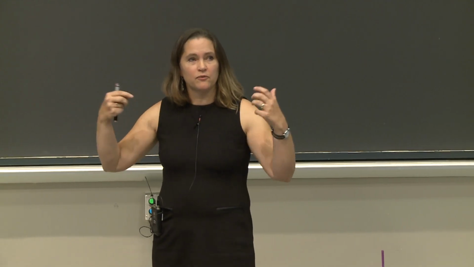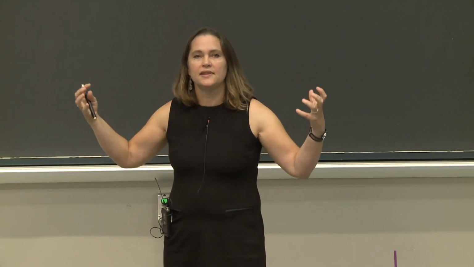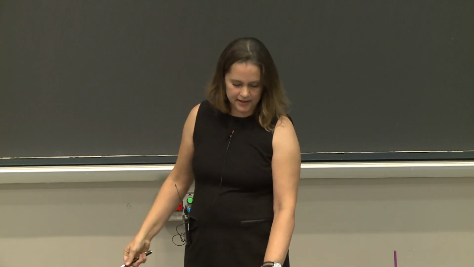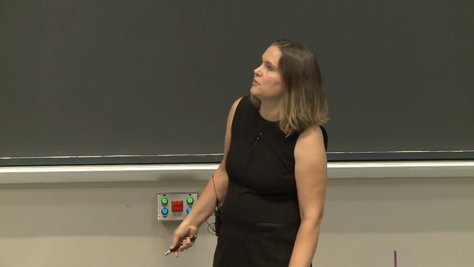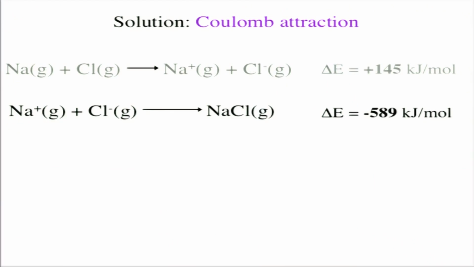You need to form your cations and anions, but then you have energy of them coming together. So they're attracted to each other, and that's a really important part of forming the bond. And they're attracted by a simple Coulombic relationship here. So the attraction between the positively charged and the negatively charged ion has an energy of minus 589 kilojoules per mole.